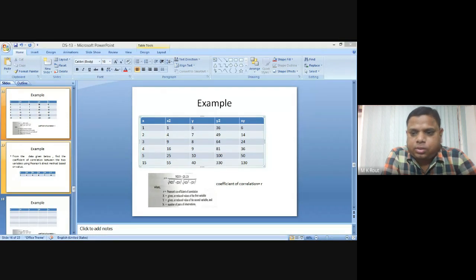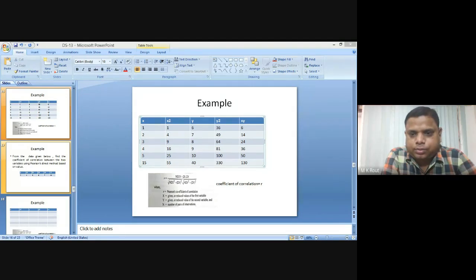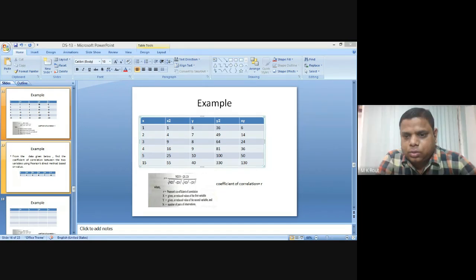Are you getting the concept of Karl Pearson? Yes, sir. Okay, fine. Shivani Jana, what is the answer for the Karl Pearson coefficient?